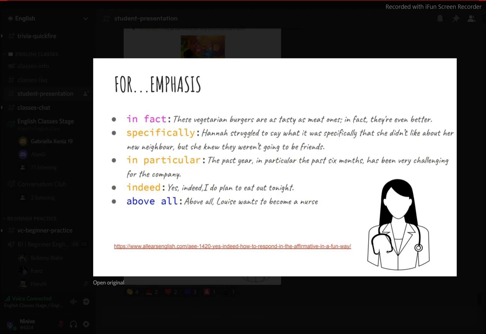And I also posted here the link of a podcast where people discuss about these words. So you can find it on allearsenglish.com just by searching indeed in the search bar. By now, let's read the example about it. So, yes, indeed, I do plan to eat out tonight.